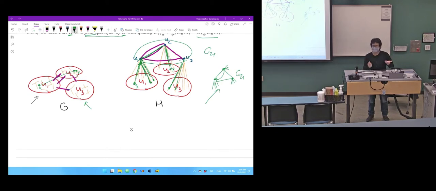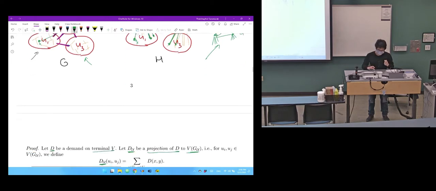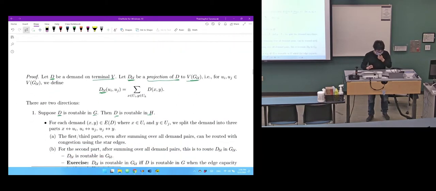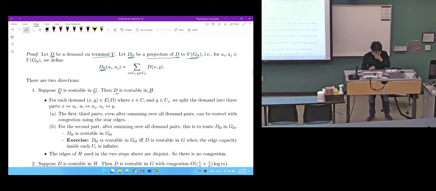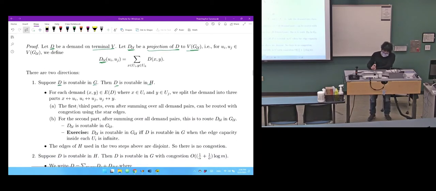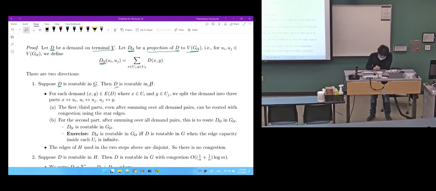It's going to be D_U, exactly. So basically, given any demand between x and y, you just send x to its root, y to its root, and connect the roots.